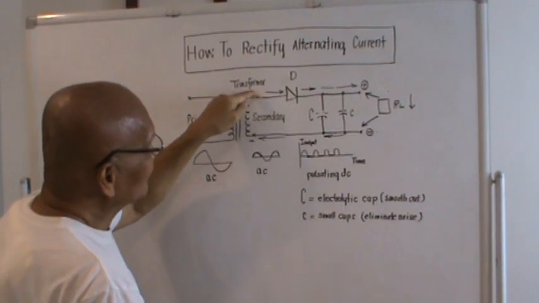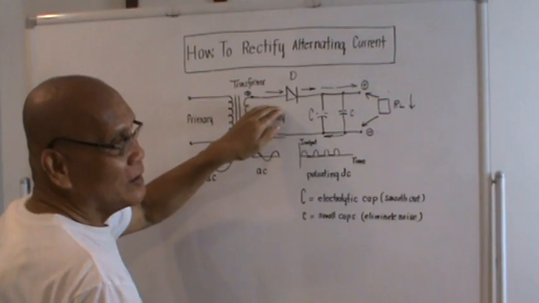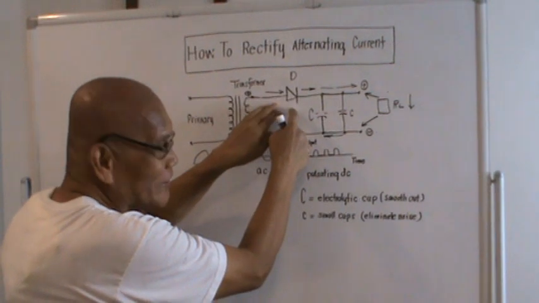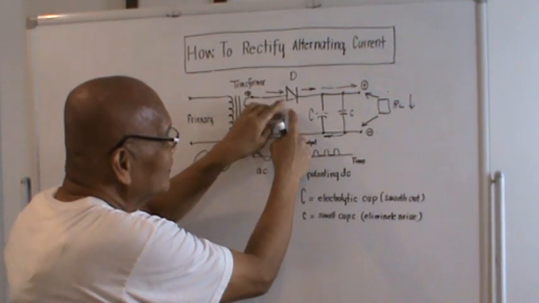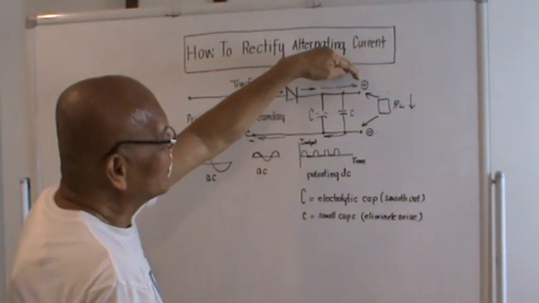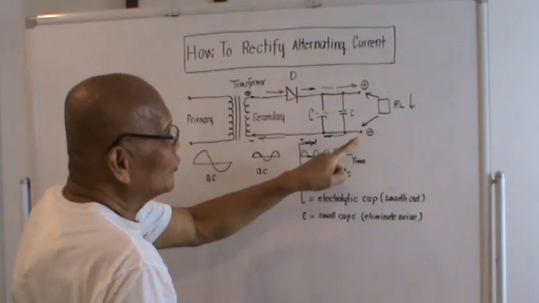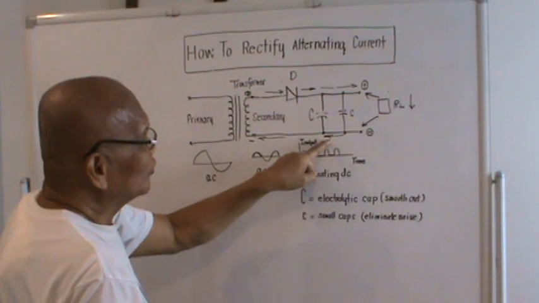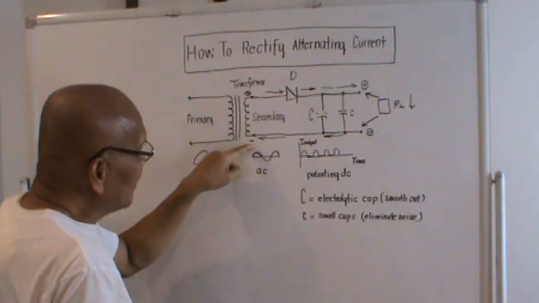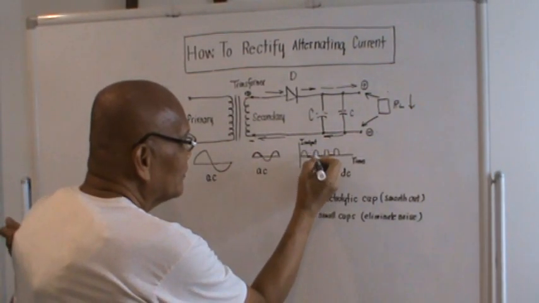And since this current actually coincides with the open condition of the diode, the current could pass through the diode, it will follow this arrow here, then this arrow, it will pass through the positive terminal, again it will pass through the load, it will go back to the negative terminal, it will follow this arrow here, and follow this arrow, then back to the negative terminal. And that current is actually represented by this one here.